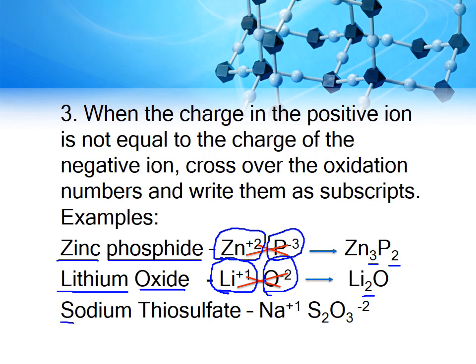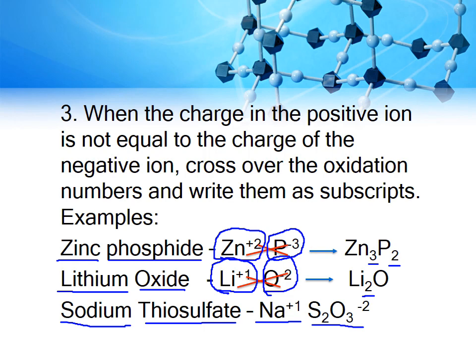Another example is sodium thiosulfate. Again, according to the first rule, we will write the symbol of the element sodium and its oxidation number, which is positive 1. And we have here Na positive 1. And for the polyatomic ion thiosulfate, it has the symbol S2O3 negative 2.